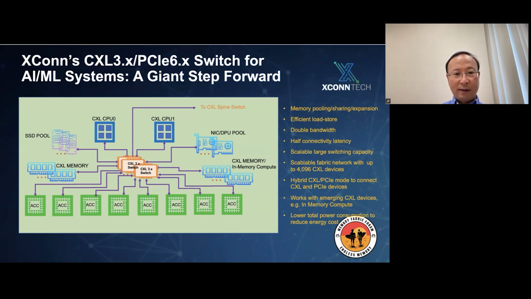Because at that stage, the fabric connection will be formed by CXL 3.1, and all the computing components, including the CPUs, memory devices, and the network card, can be either CXL or PCIe. Accelerators also support the PCIe interface.